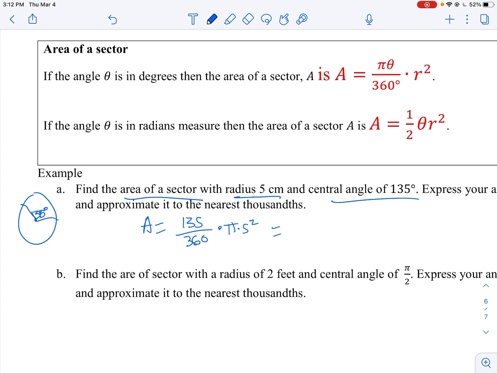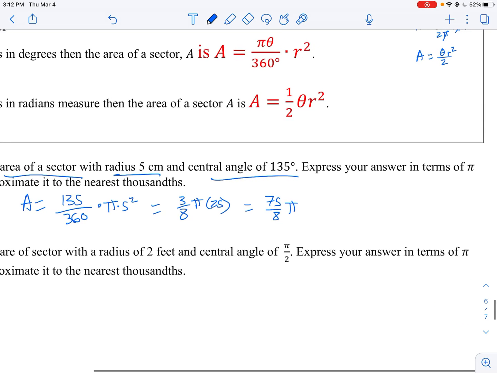And so now I have 135 out of 360, which gives me 3/8. I have pi times 25, and times by 25 here, and you get 75/8 pi.